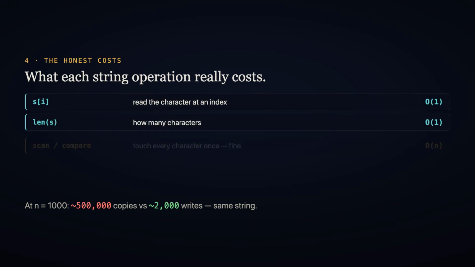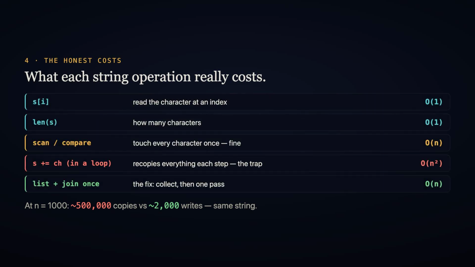So let's be honest about the costs, because this is the part worth keeping. Reading a character by index? 1 step, O of 1. Asking for the length? 1 step. Scanning the whole string or comparing 2? That's O of n. You have to touch every character once, and that's perfectly fine.